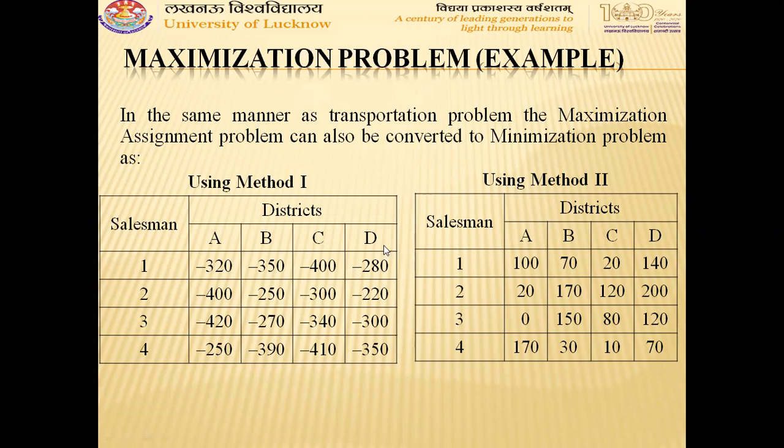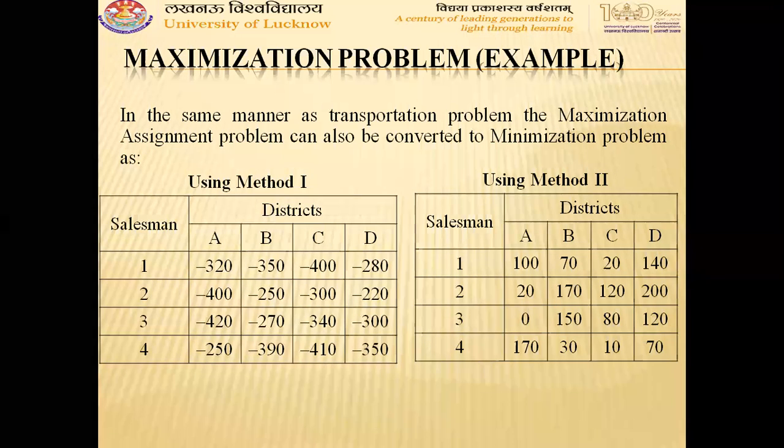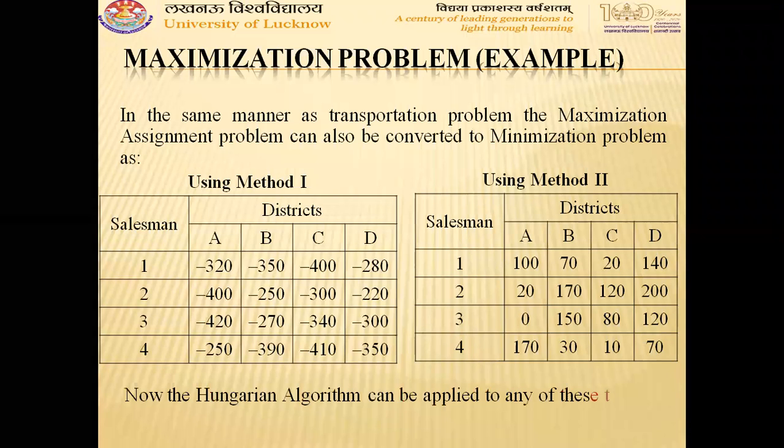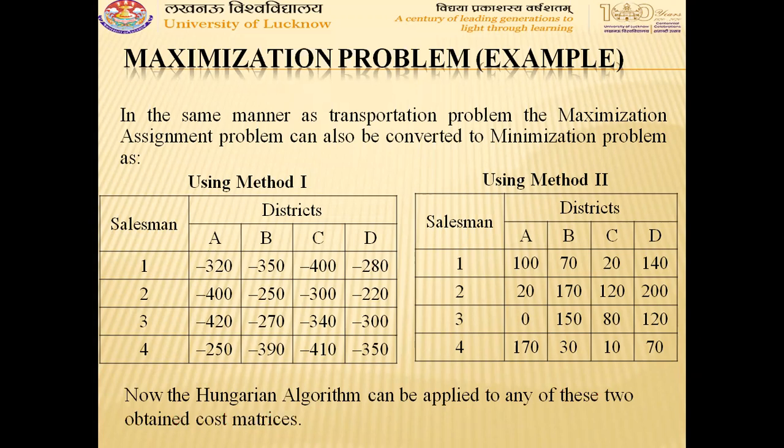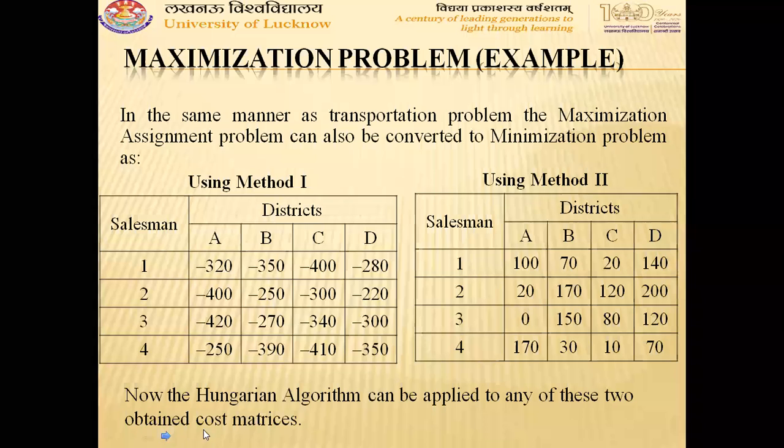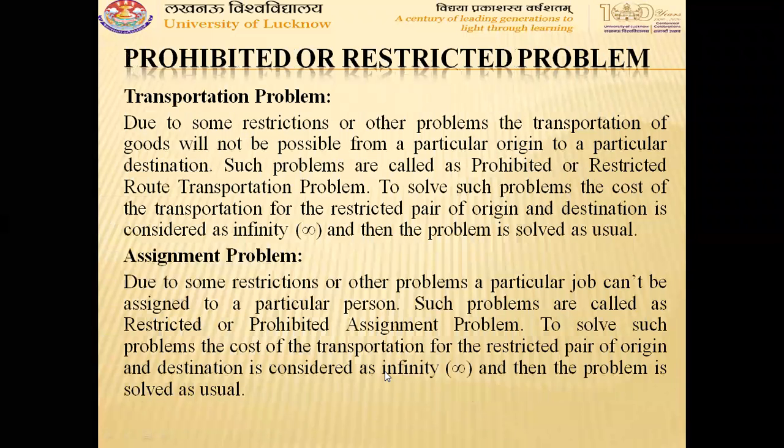So I would suggest that method 2 is better than method 1 for the assignment problem as well as for the transportation problem. Now the Hungarian method can be applied on either of the two obtained cost matrices or assignment matrices.